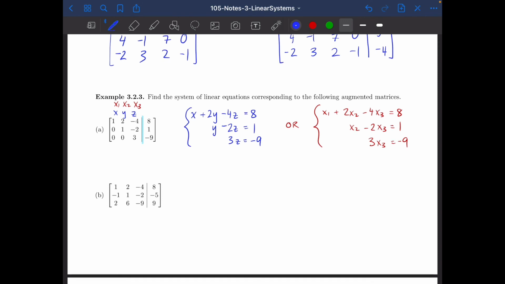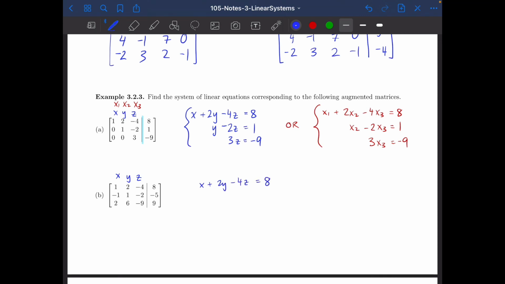Moving on to part B, we now want to find the system of linear equations corresponding to this new augmented matrix. Again, we need to make a choice about variables. Let's again choose x, y, and z. The first row of the augmented matrix gives us the coefficients of the variables in the first equation as well as the constant term of the first equation. And so we have 1 times x plus 2y minus 4z equals 8.